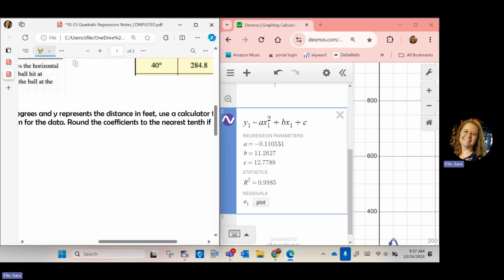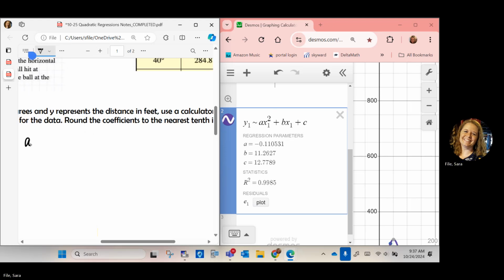Let me get my pen. All right, so I'm just jotting down what A, B, and C came out to when I did that quadratic regression model.